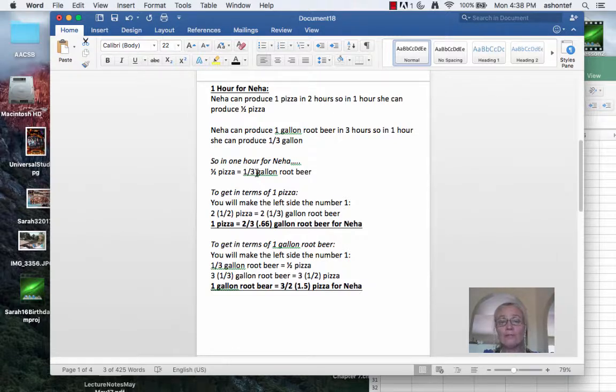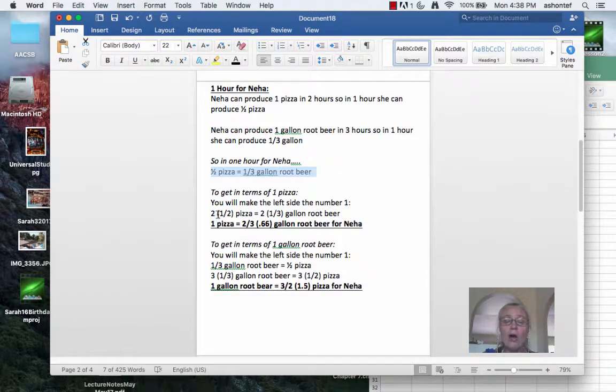Then we can go further and ask, what if we wanted to put this information in terms of 1 pizza or in terms of 1 gallon of root beer? So, like we've done in class, we take this formula where half a pizza equals a third of a gallon of root beer, and we make the left side, the pizza side, the number 1.